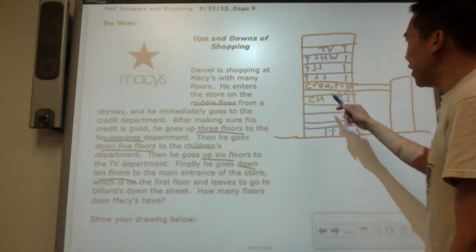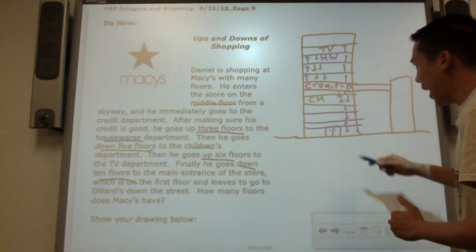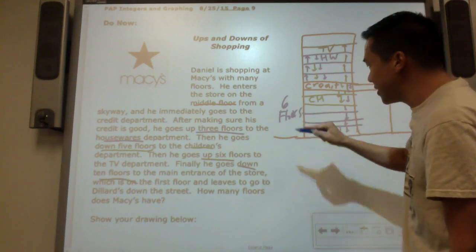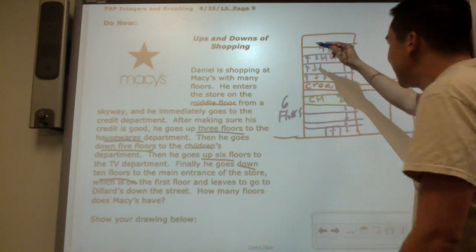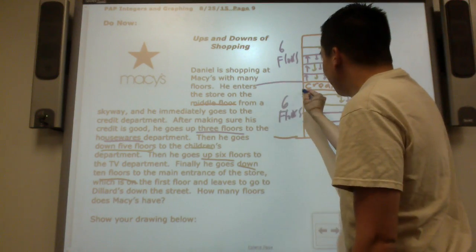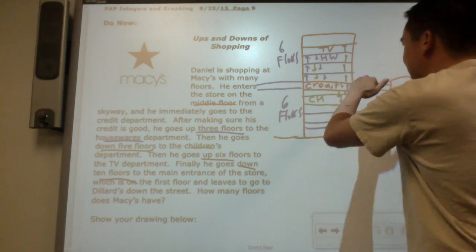Let's think about it. If the credit department is in the middle of the building and there are 6 floors below it, how many floors will be above the middle floor? 6 floors. Plus the middle floor, which holds the credit and which is the skyway.